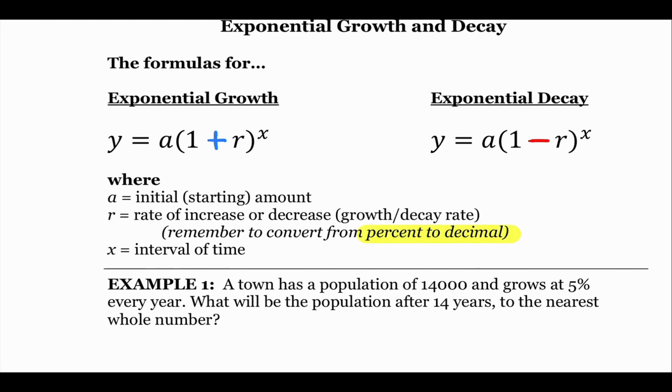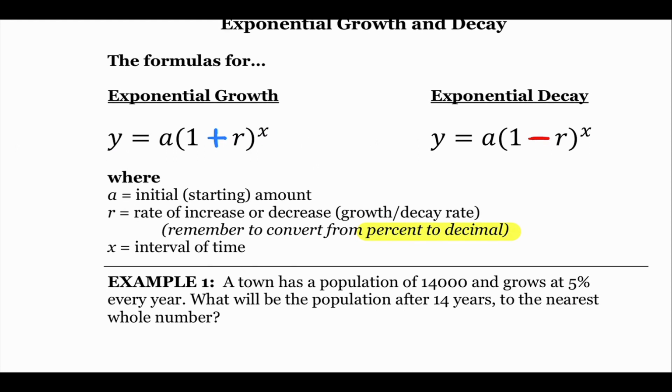Okay, and then the last thing is x. X is the variable up at the top. Time. Whatever time is. Sometimes it's years, sometimes it's minutes, sometimes it's seconds, sometimes it's decades, right? Interval of time, that's all it means. Okay, those are the ones we're going to use.